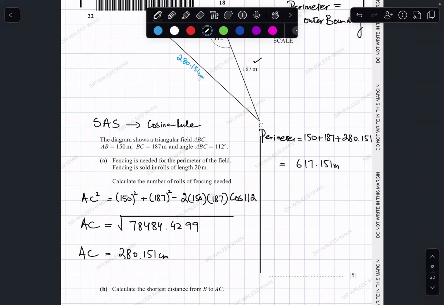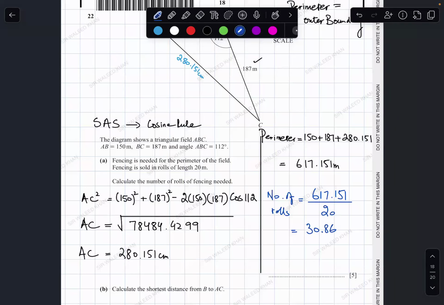So to cover the outer boundary, they are giving the rules for the fencing in length 20 meters. So that means to cover all this area, I have to figure out how many rolls are required. So number of rolls, if I divide this by 20, I can figure out how many rolls are required. 30.86.